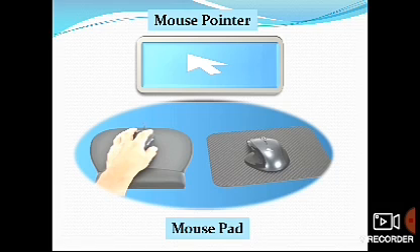The mouse pointer moves in the same direction as you move the mouse. If you move the mouse to the left, the mouse pointer moves to the left of the screen. If you move the mouse to the right, the mouse pointer goes to the right part of the screen.